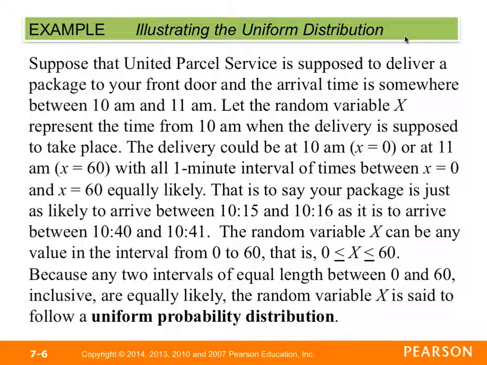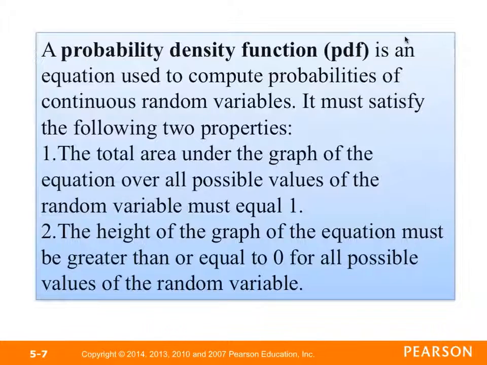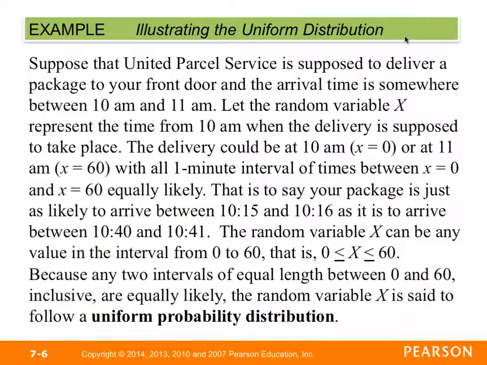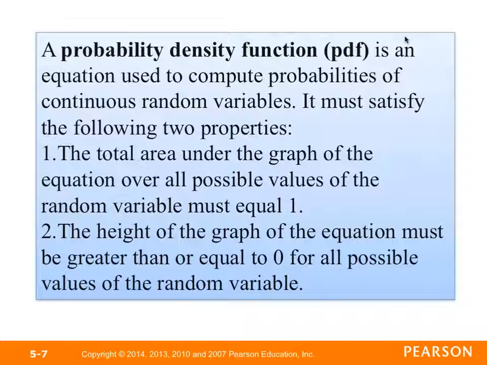So the random variable x can be any value in the interval from 0 to 60, okay? And because any two intervals of equal length between 0 and 60 are inclusive, they're going to be equally likely, and the random variable x is going to follow something called a uniform probability distribution. I think we're going to come back and look at what this looks like in just a minute, but that's just kind of an example of what a uniform distribution might be in sort of a real-world scenario.